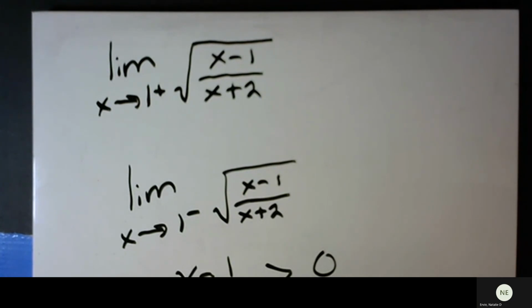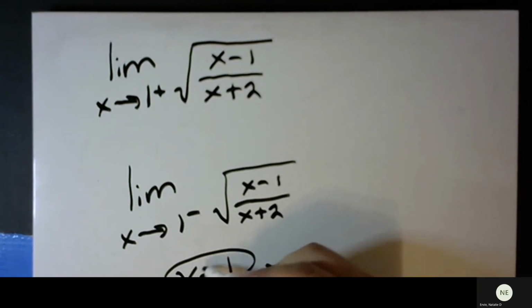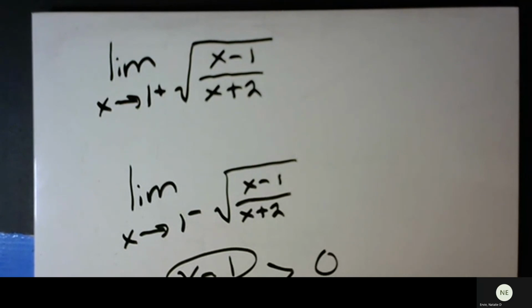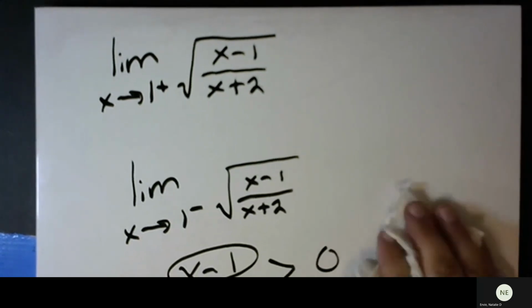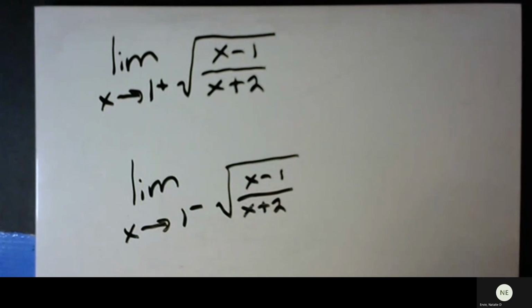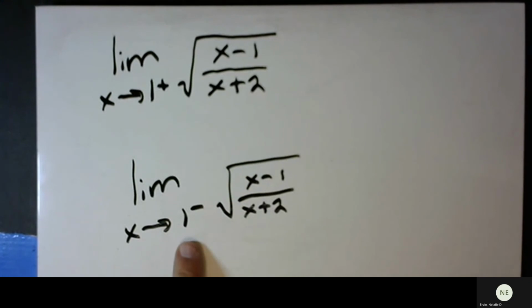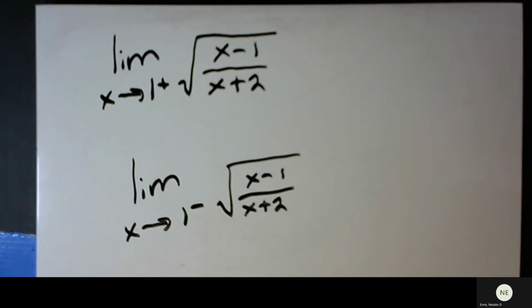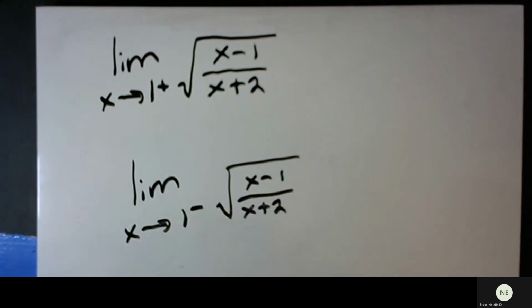So what's definitely going to be an issue is if we're dealing with numbers that will make this negative, we're going to be outside the domain. So technically for this one, I just want to correct a misstatement that I made there. For this one, to the left of 1, we're not really going to have any domain available. And that's something that we do need to be careful of.